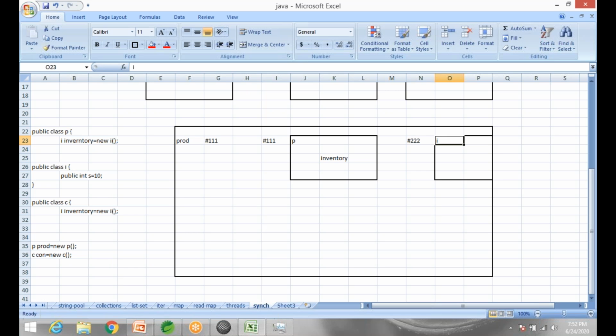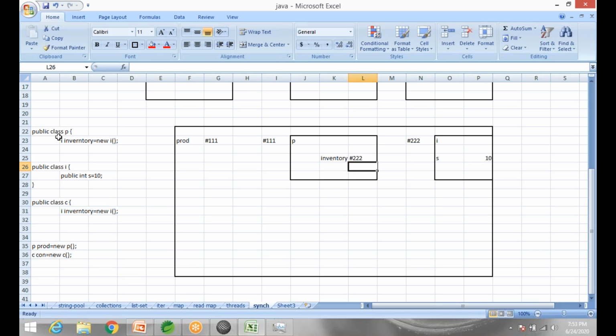What are the I object contents? Integer s. And what is the value of s? 10. So here inventory, this variable, will be pointing to what? 222. Yes.